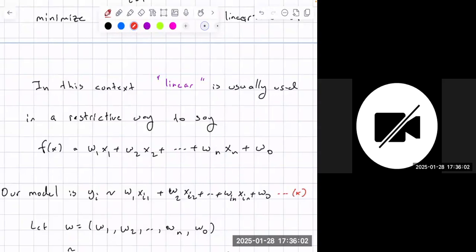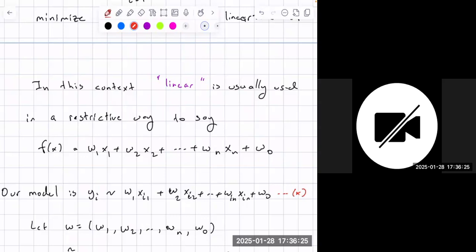So you're literally trying to predict these weights the best you can. And this is sometimes called bias. I'm kind of shifting towards some number. That's what linear means in this case. So our model is literally that my y_i numbers are going to be given by data features multiplied with these weights, added with this bias. That's my model now.